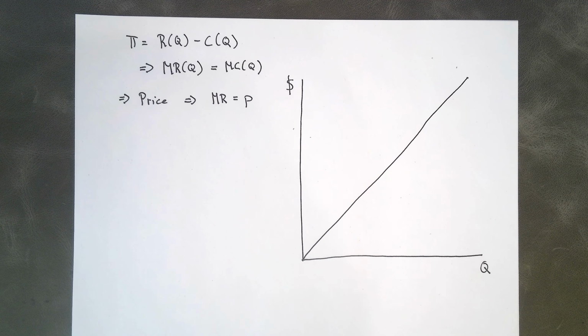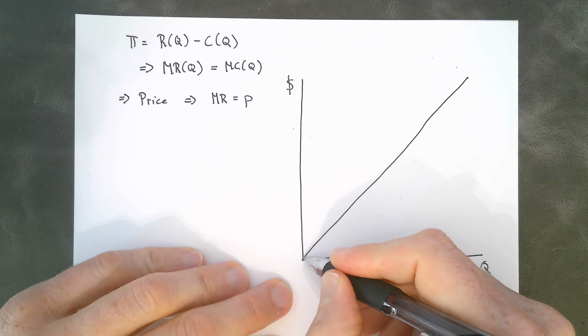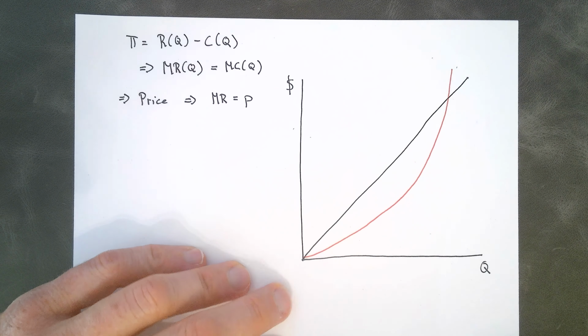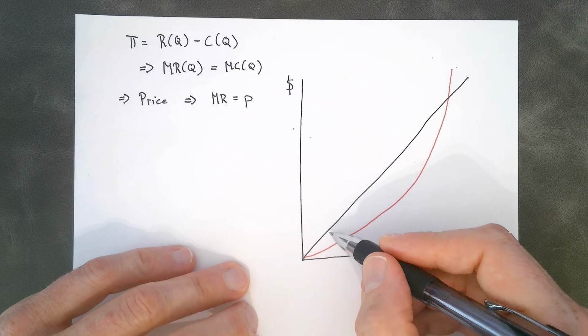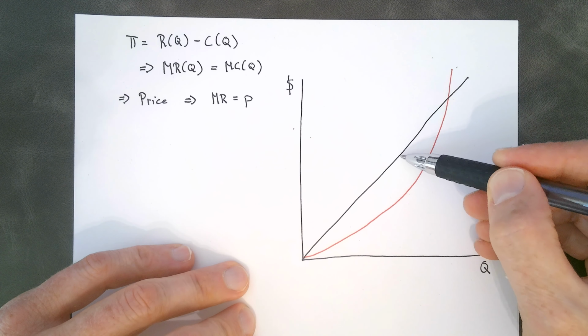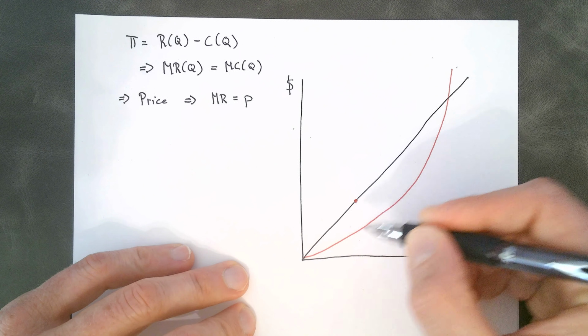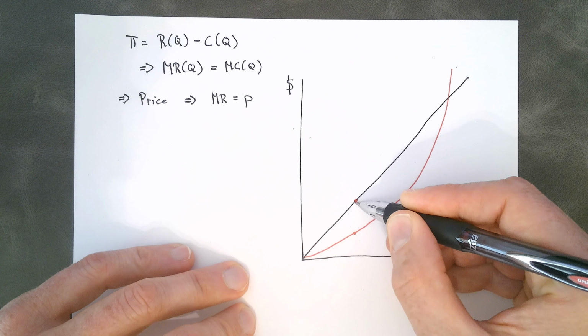Now, the marginal cost is usually increasing. So think about, for example, that we have a marginal cost that looks like this. Then the maximum profit is obtained at the maximum distance between the revenue and the cost.